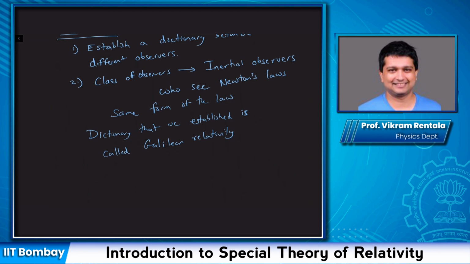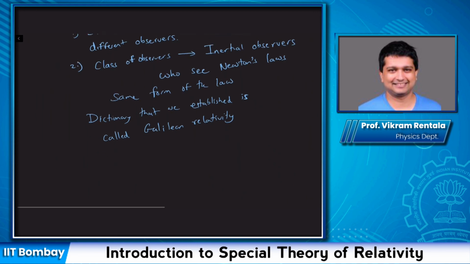And under this relativity principle, we discovered several words in our dictionary, which allows us to translate between positions, velocities, accelerations, and times, and establishes a two-way correspondence.